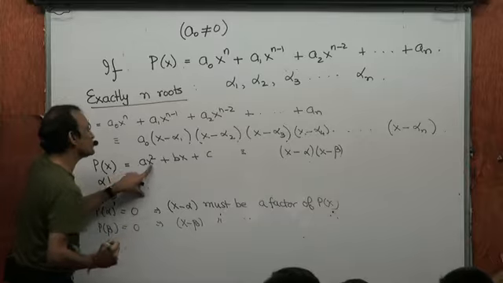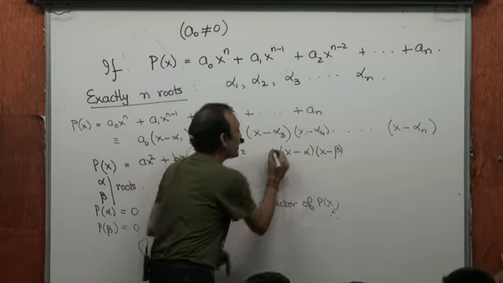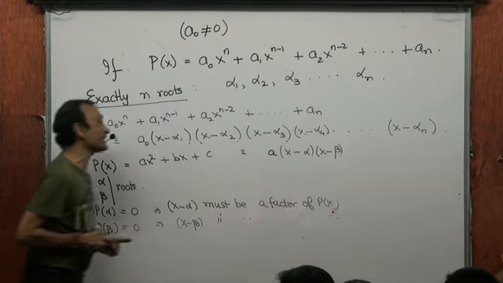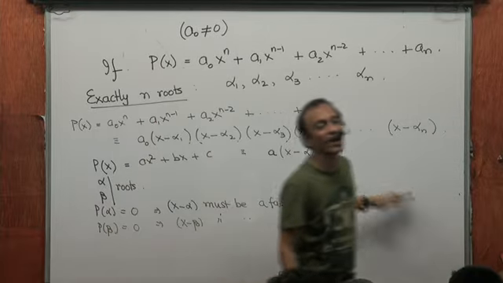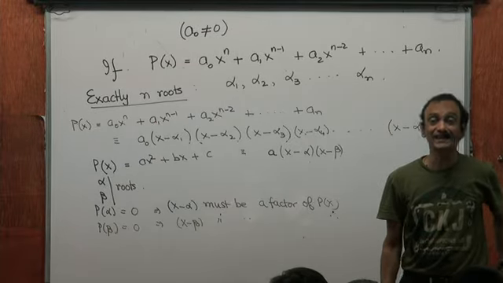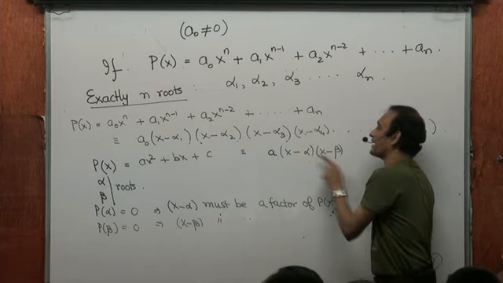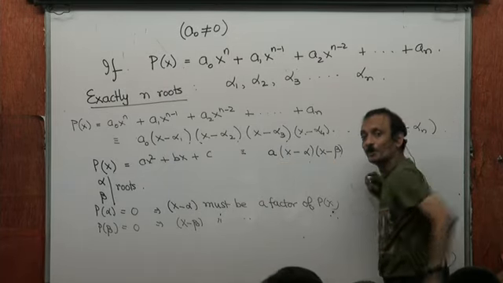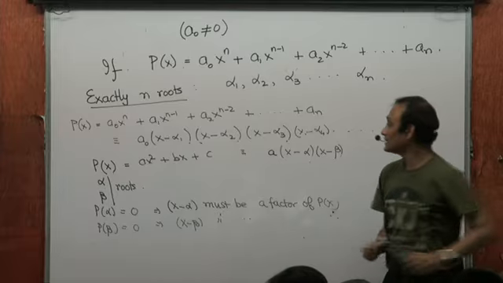No, because the coefficient of x squared is a here and the coefficient of x squared is 1 here. So I multiply by a both sides so that I can create an identity. Now it becomes an identity. The left hand side is a polynomial of degree 2 identical to the right hand side, which is also a polynomial of degree 2 in x. Yes or no? Do you all understand this?